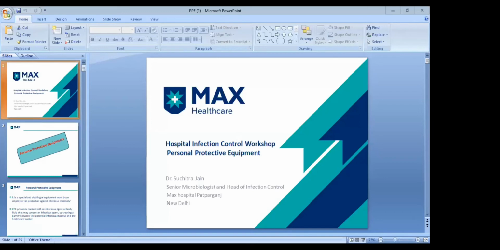So she has vast experience related to quality and infection control, working in Max Super Specialty Hospital, one of the top institutes of India, implementing quality and infection control requirements in a hospital setup. So all of you will benefit from her vast knowledge. Now I will request Dr. Suchitra Jain to start with her presentation.